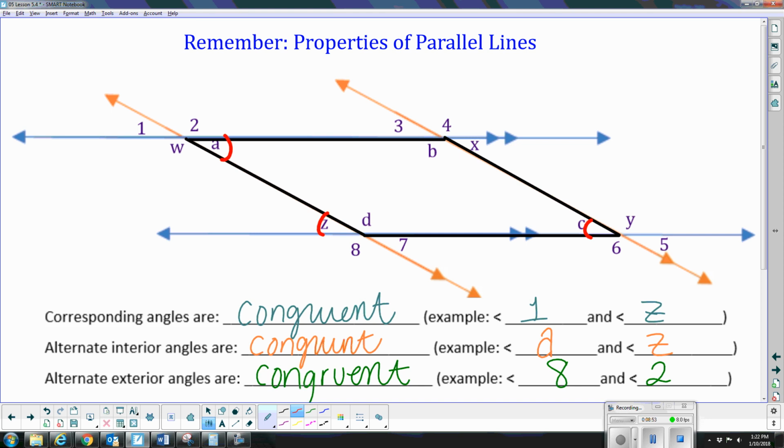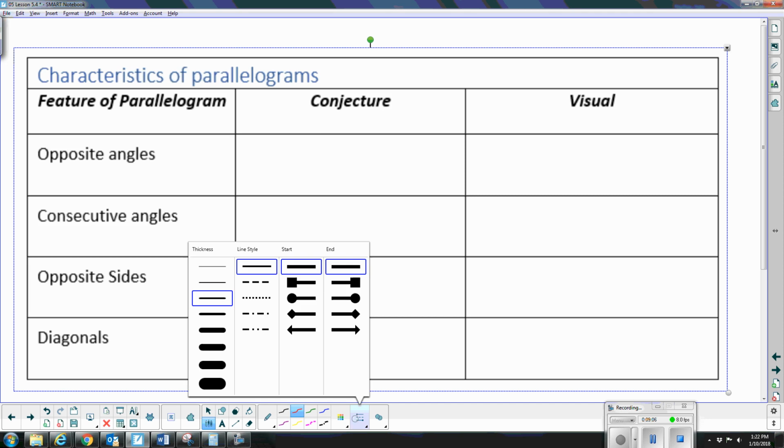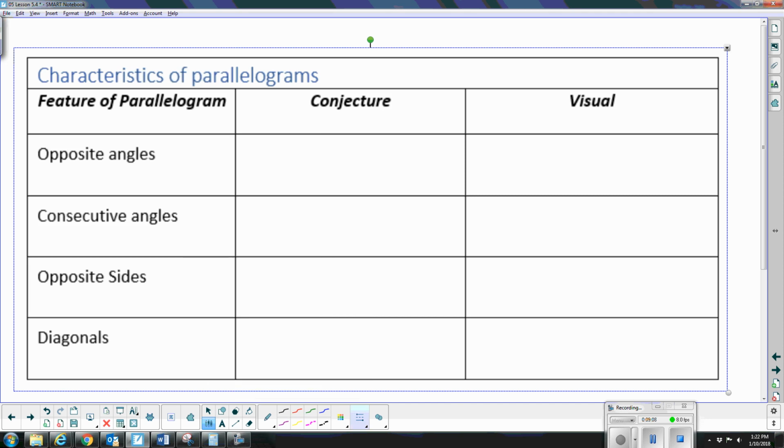So Z and C are corresponding angles. A and Z are alternate interior angles. So A and C, therefore, are congruent. So opposite angles are congruent.